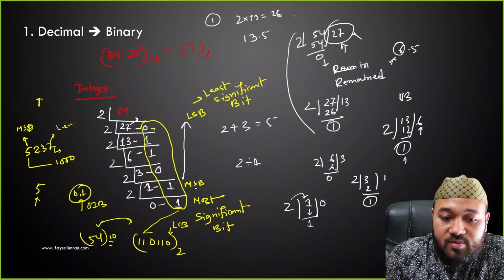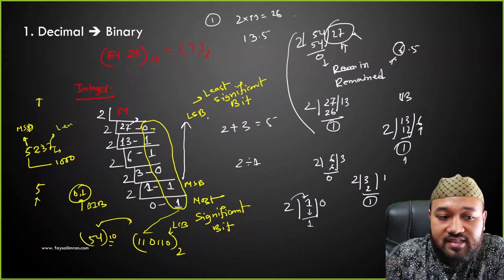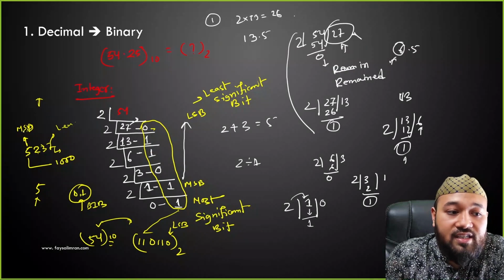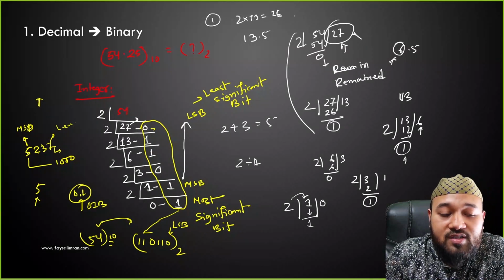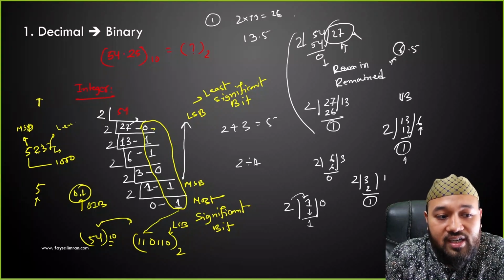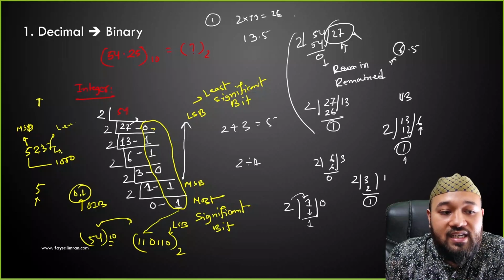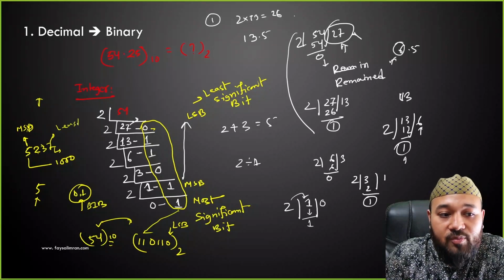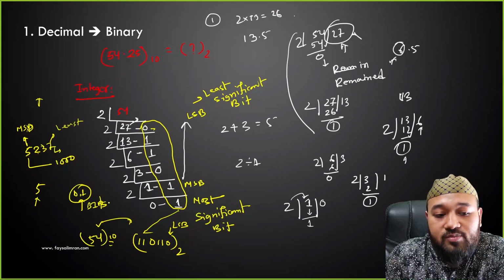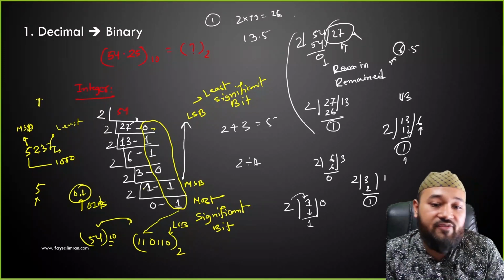So this is MSB, most significant bit, and LSB, least significant bit. But here it is MSD, because this is not a binary digit, this is a decimal or octal digit. That means we call it MSD, most significant digit, and least significant digit. For binary we have a special name, that is a bit. That means we call it most significant bit and least significant bit.